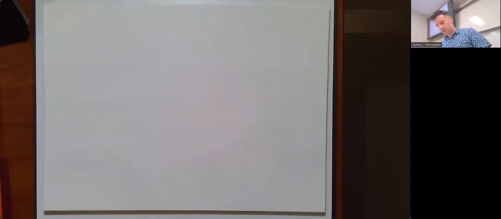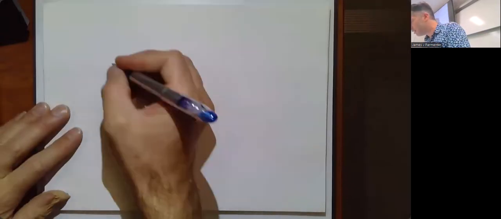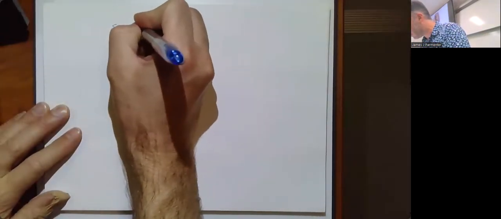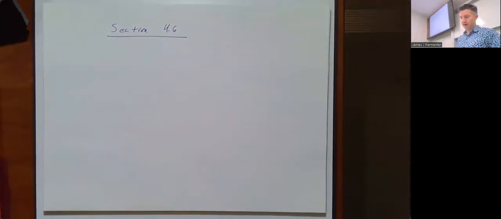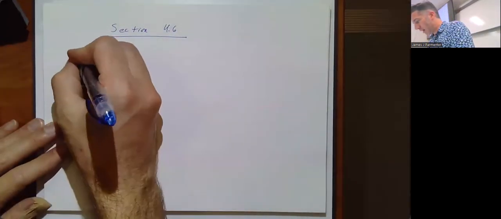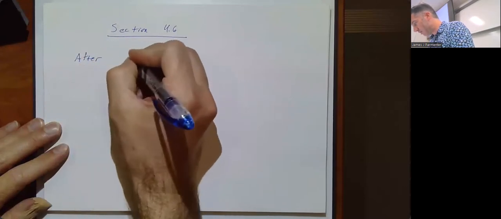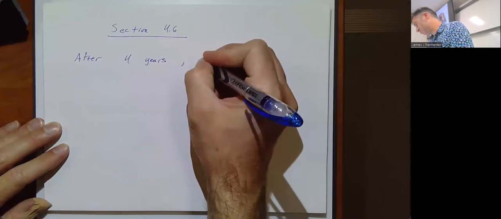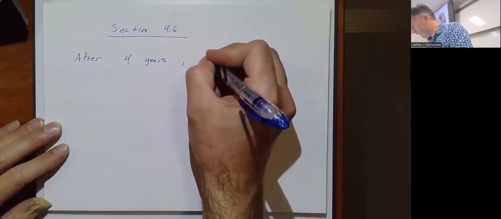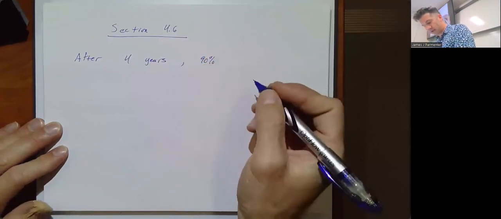All right. So let's look at something similar to number 3. I'm going to make it a little harder because why not? So section 4.6. So let's say we have the following. After 4 years, 90%, it's very slowly decaying. Not really.